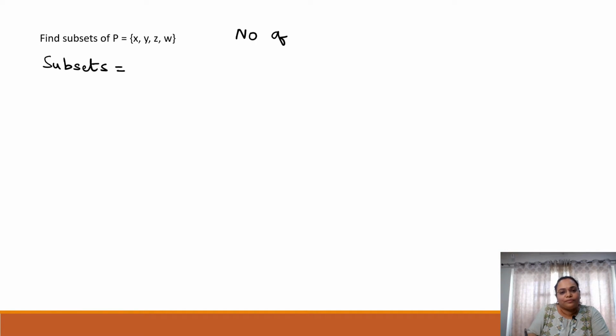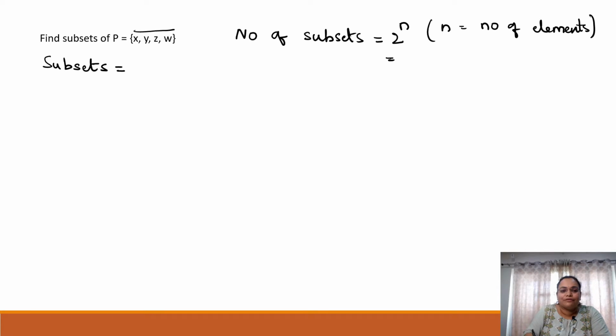Number of subsets is equals to 2 power n, where n is equals to number of elements. Correct? So 2 power, how many elements do we have? 4 elements. So 2 power 4 is equals to 16.